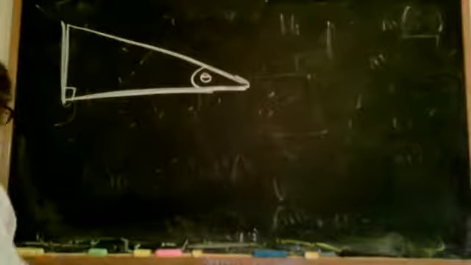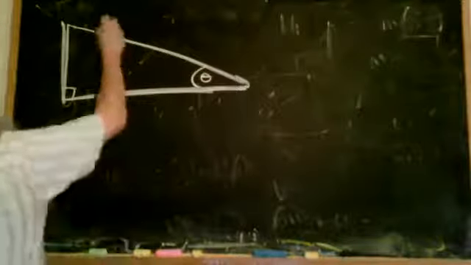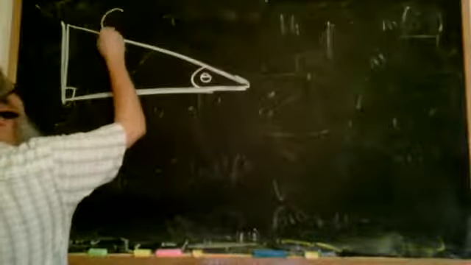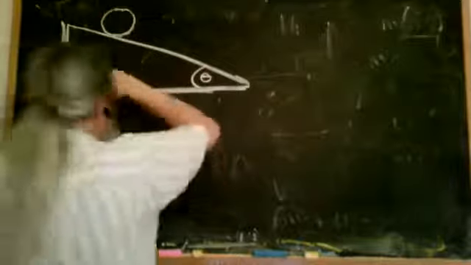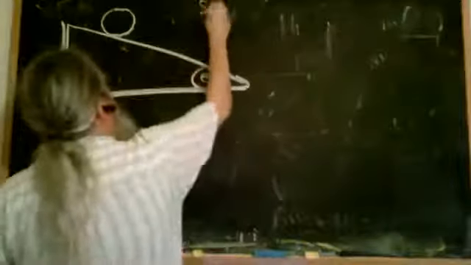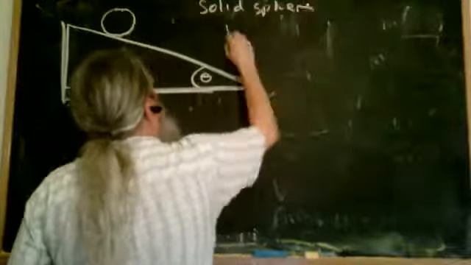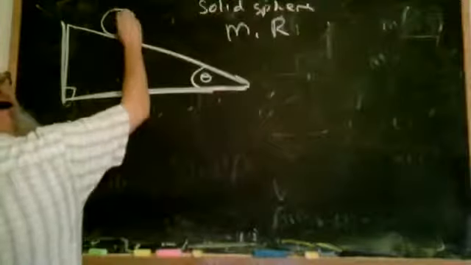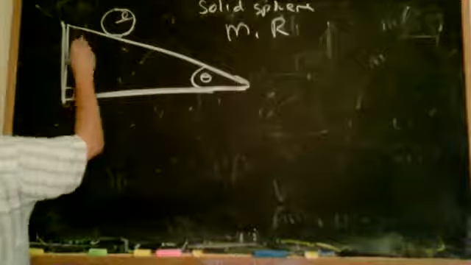And on the wedge, I will put an object, but this time, instead of putting a block on a frictionless surface, I will put a sphere, right? So this is a solid sphere. It will have mass m and radius r. So that's r.